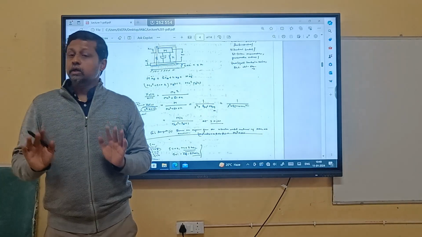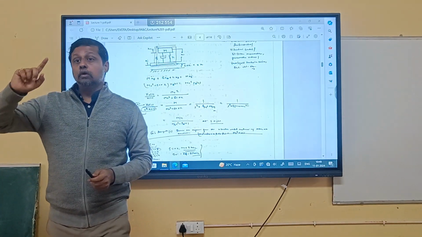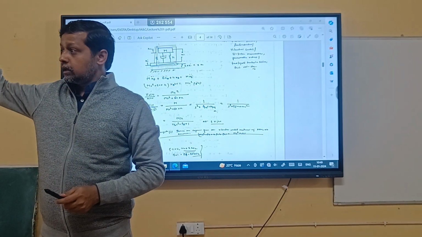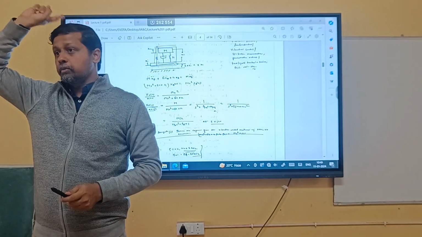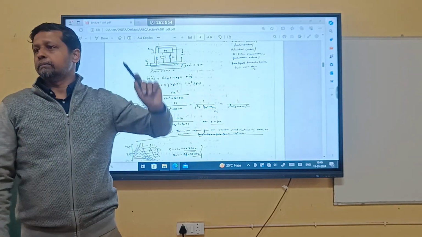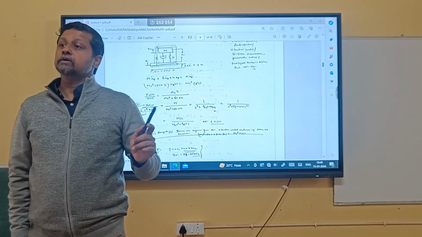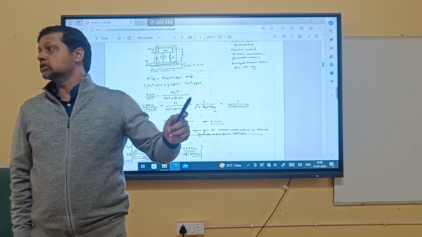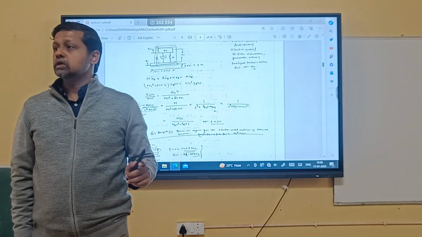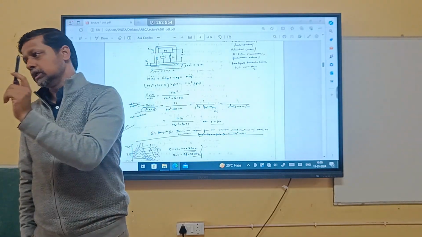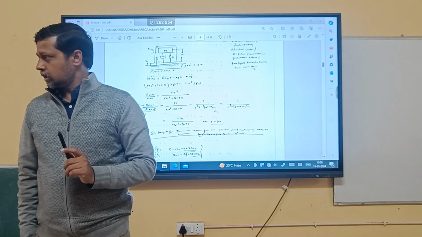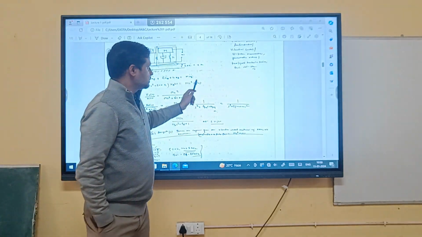You may or may not have solved it, and even if you have solved it in your mathematics subject, now you recall that the mathematical problem was connected to such kind of application. Sometimes you might have considered that the right hand side is a non-zero value. If it is a non-zero value, that means it will give you a non-homogeneous solution. Yes or no? So this is the realization.